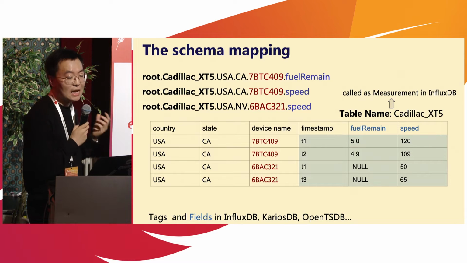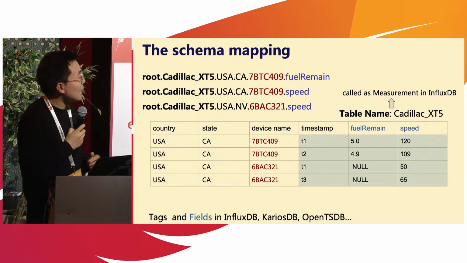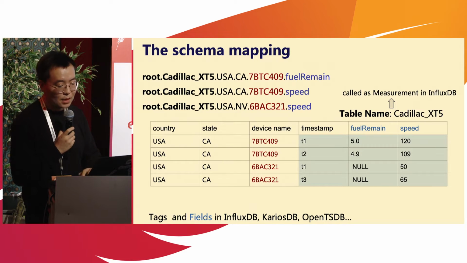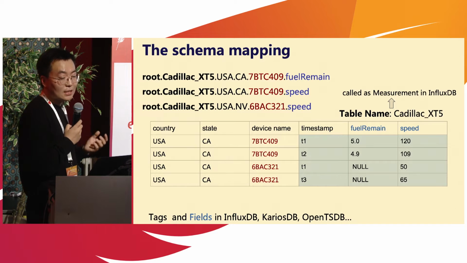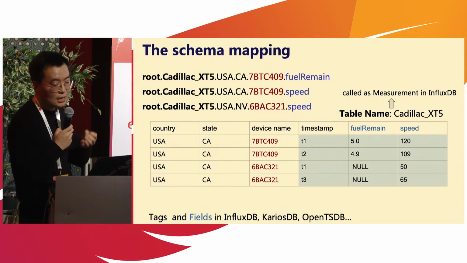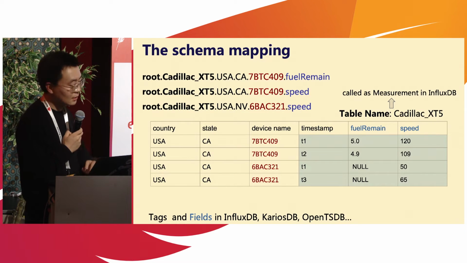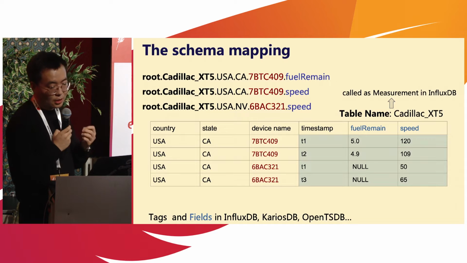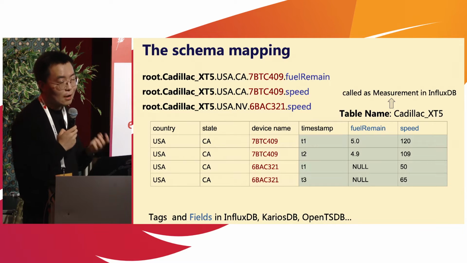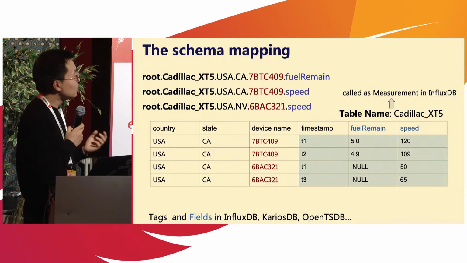If we treat it as a relational table, it looks like that. We can consider the storage group name as the table name. The words in the device names form the country, the state, and the device name columns to represent the devices. And the measurements, for example fuel remain and speed, are value columns, and there is another column called the timestamp.